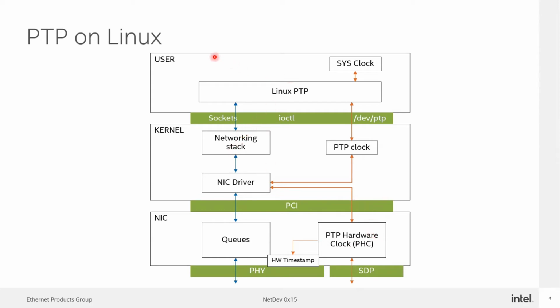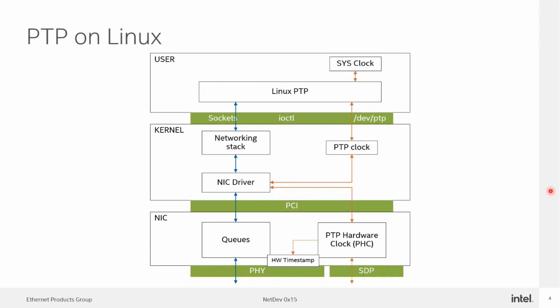And at the top of it, there is a user space with the Linux PTP project. And the Linux PTP project uses standard kernel interfaces, so it interacts with the network stack using the sockets and socket options to configure the timestamping. And it uses the IOCTLs to the PTP clock character device that resides under the dev PTP subsystem.